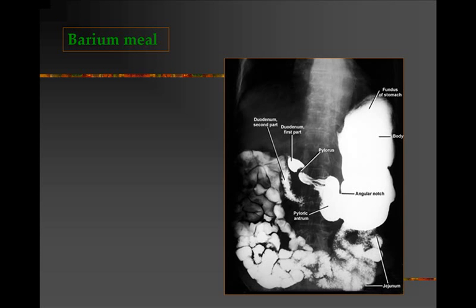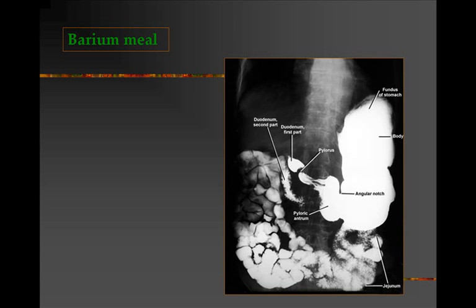Since plain X-rays of the abdomen and or pelvis do not depict soft tissues clearly, a number of contrast-enhanced X-rays have been devised. This is an example of a barium meal.